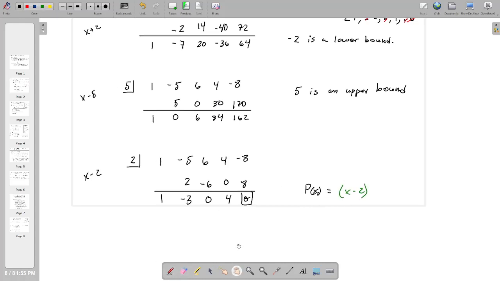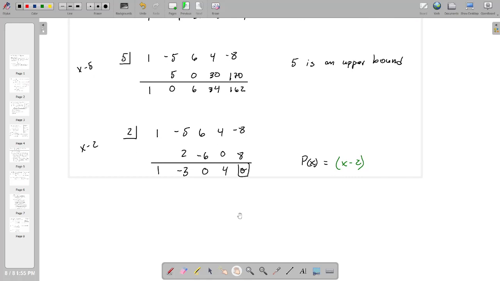Okay. Now, if you remember during your try 1 problem, just because we used x minus 2 as a factor already doesn't mean we can't reuse it. So I'm going to reuse it here and see if it goes into the new polynomial, see if it goes into p of x multiple times. This would be x minus 2 again.